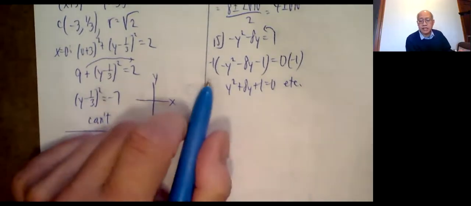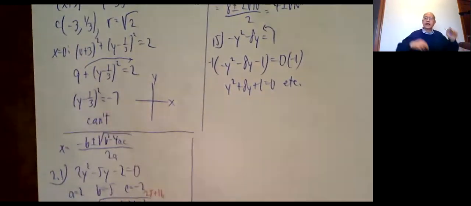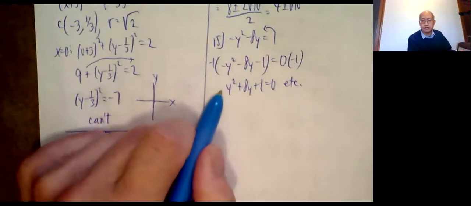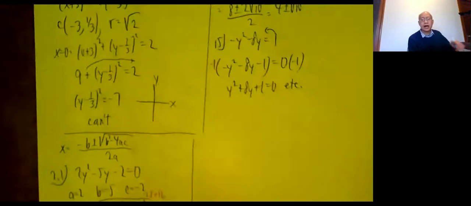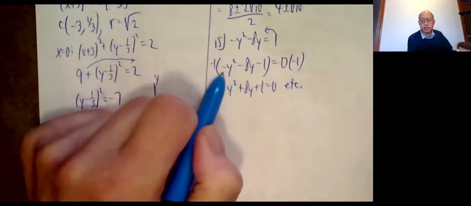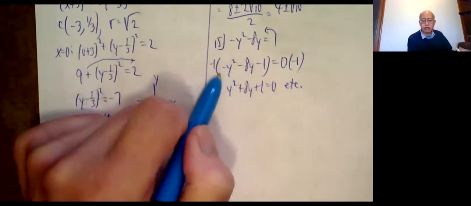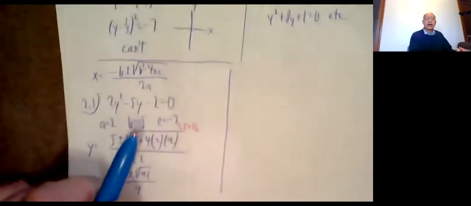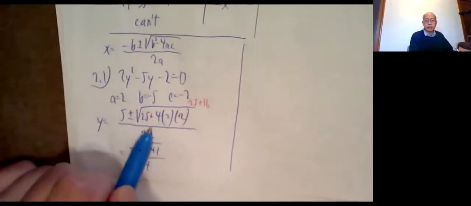Okay, so if you ever get a situation where you have too many negatives or you don't like the negative, you can always multiply both sides by -1 and make it positive. Actually, I always prefer to have the leading coefficient positive. Anytime I have a negative for y squared or x squared, I immediately multiply by -1. One reason for that is this is A. A shows up twice in the formula, right?